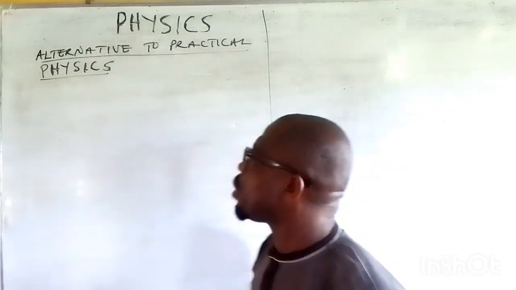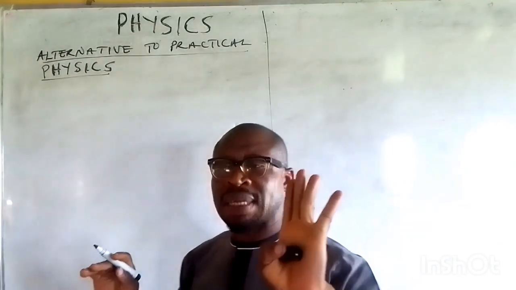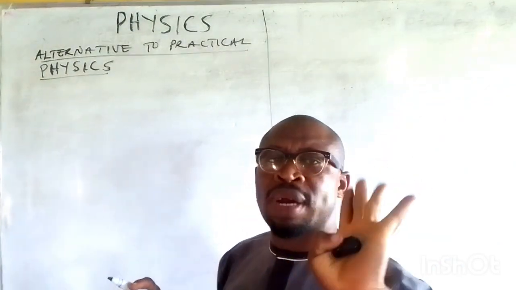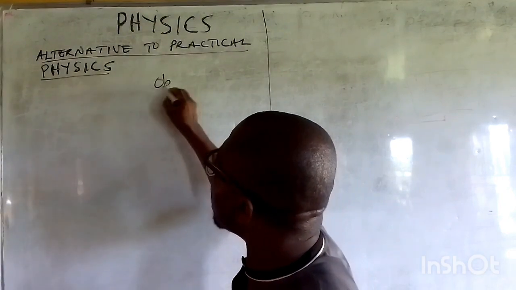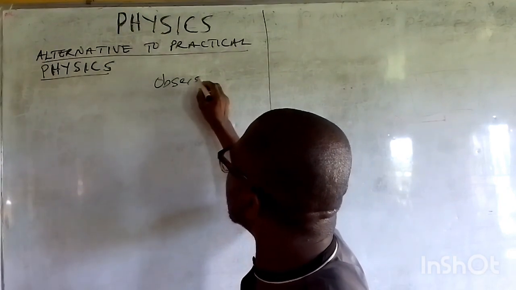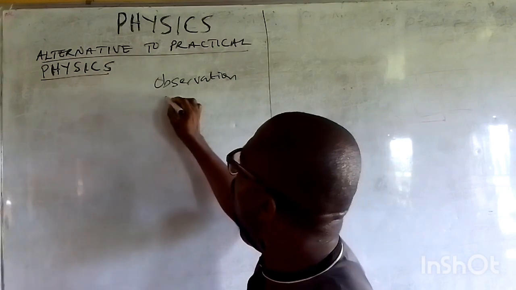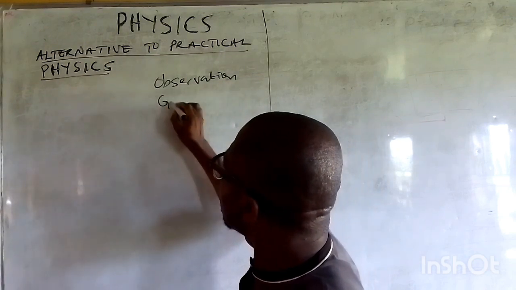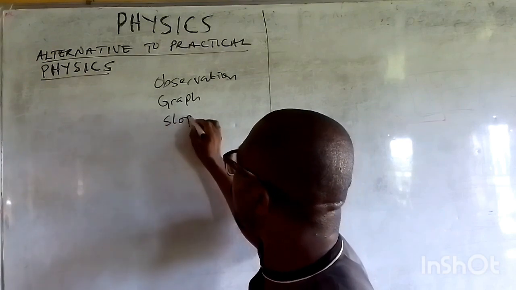Now, each of those questions has 25 marks, and they will be graded under 6 headings. The first one is your observation. The second is your graphs. The third one is your slope.